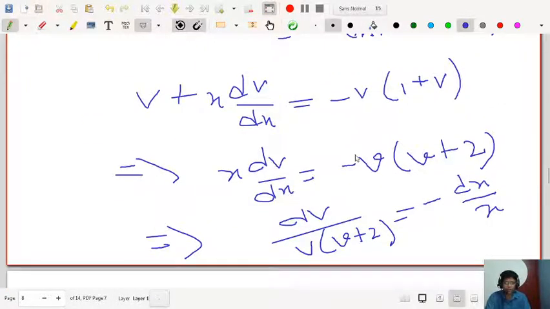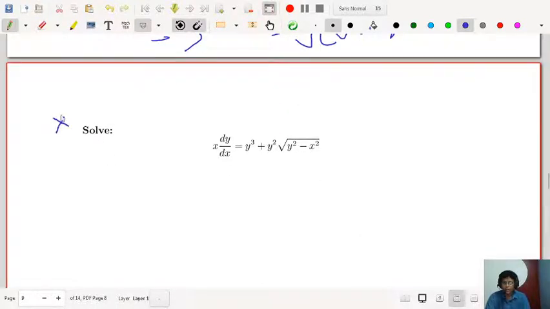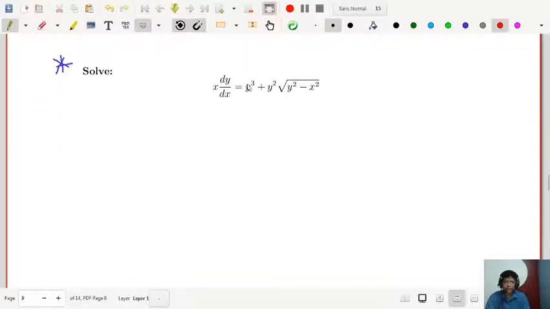Let me give you another example on homogeneous equations. This is a very important example. You can check whether this is homogeneous or not. This should be x cube here. This is also a printing mistake, so this is x cube.